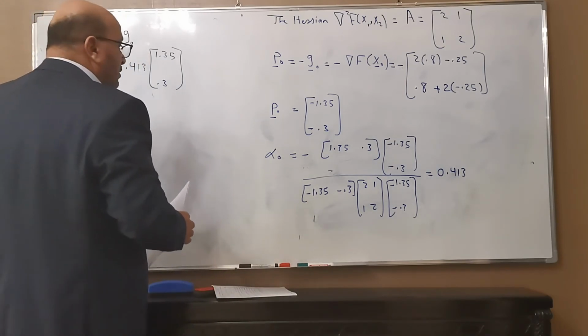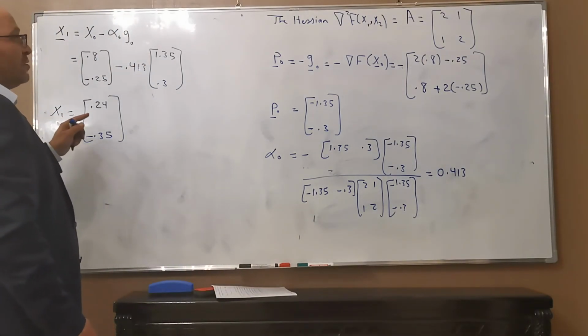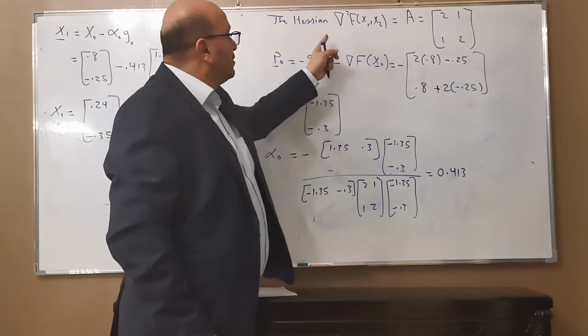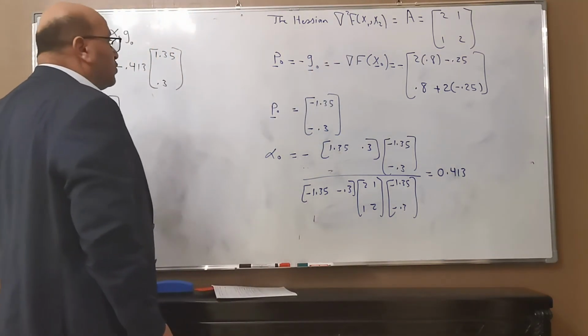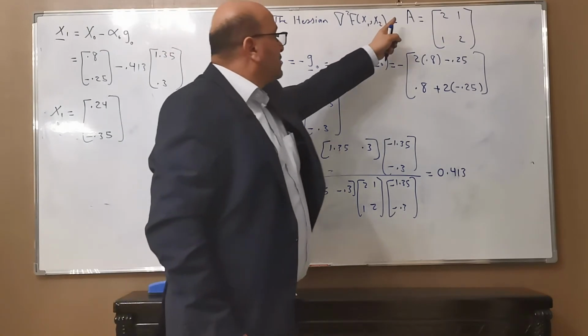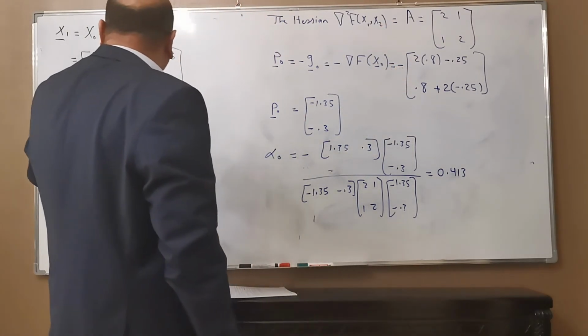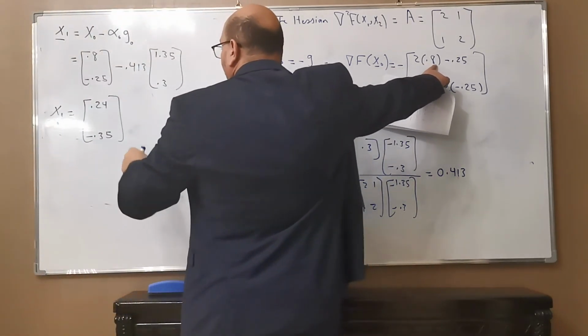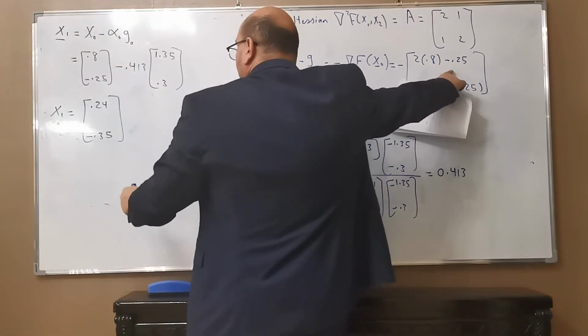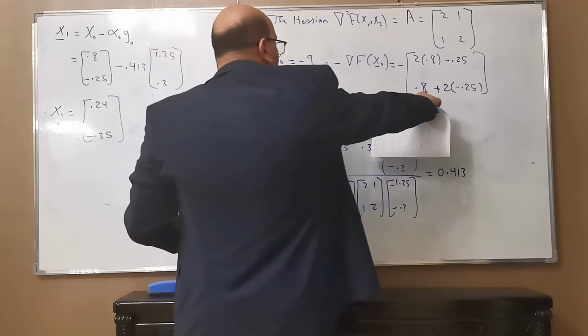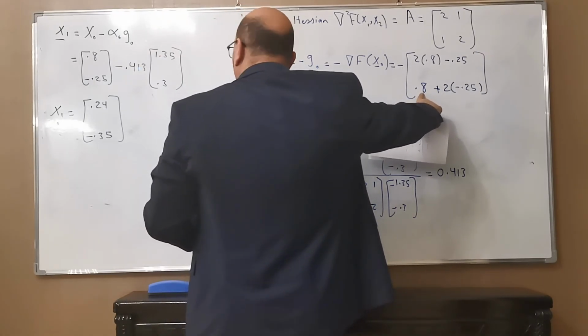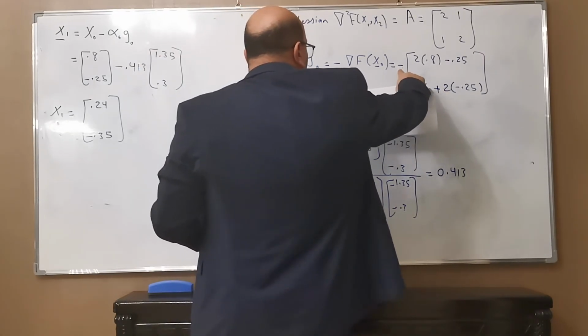Now x1, you will take it and find the gradient at x1. The Hessian is constant. Find the gradient at this point here. So it's 2 times, instead of 0.8, 0.24 minus 0.35, and the other one is 0.24 plus 2 with a negative sign.